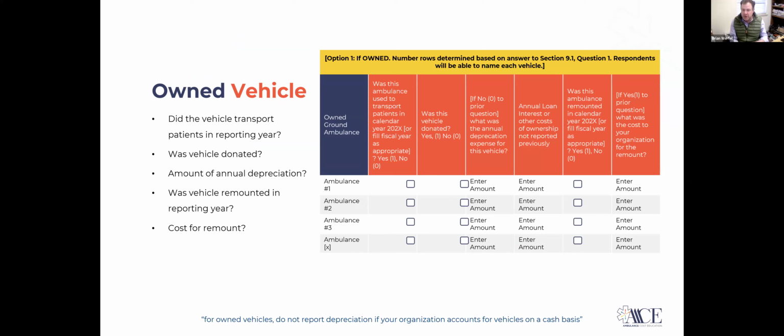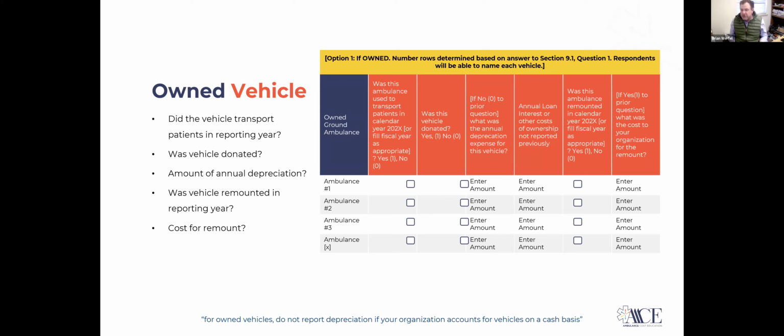The first is you can enter each vehicle in the online CMS portal. You should name them in a way that likely makes sense to you. One method that we think makes a ton of sense is to just list the last 7 digits of the VIN number. That way it's unique to that vehicle and there's no question, right?